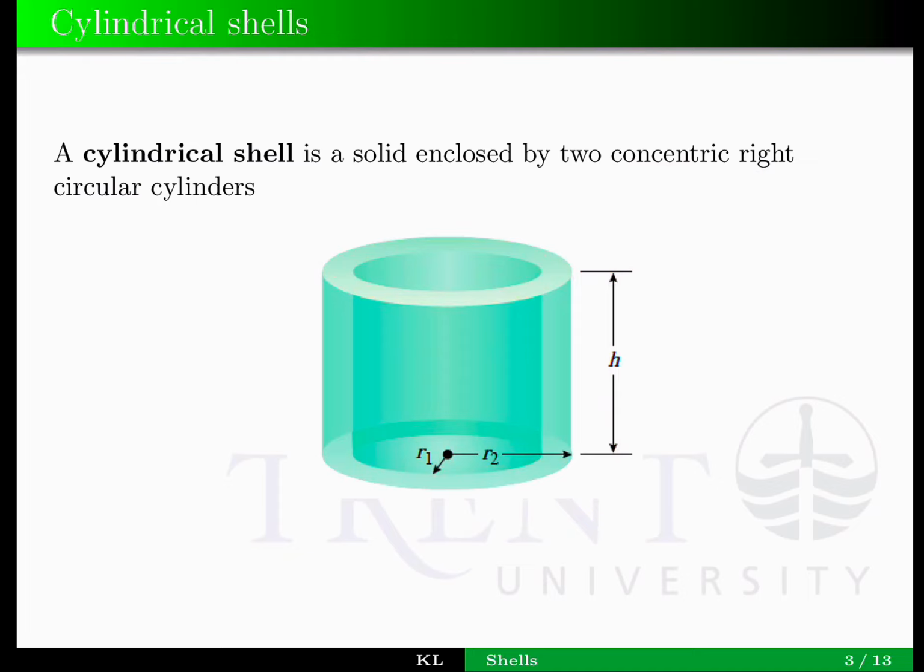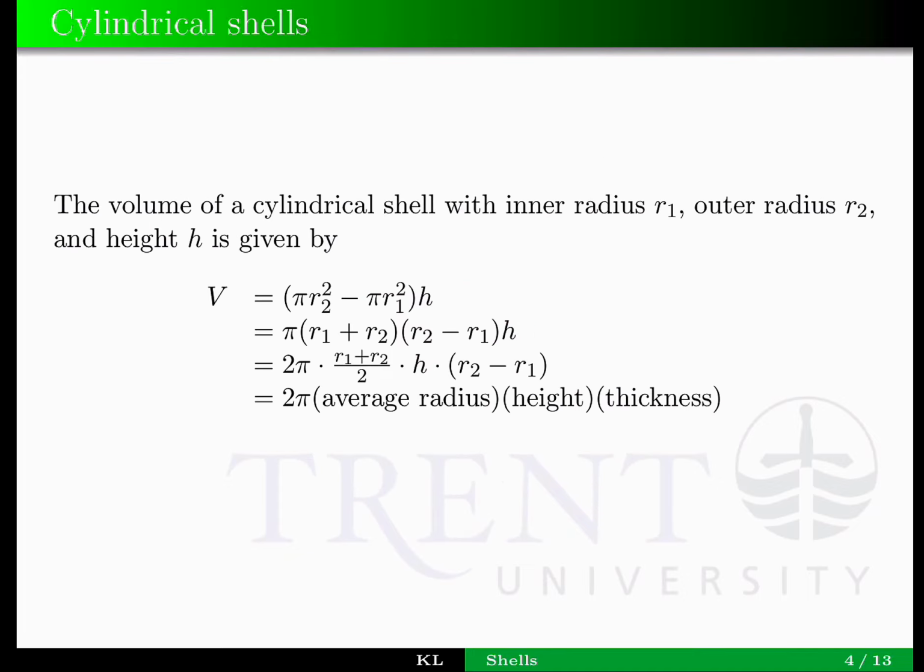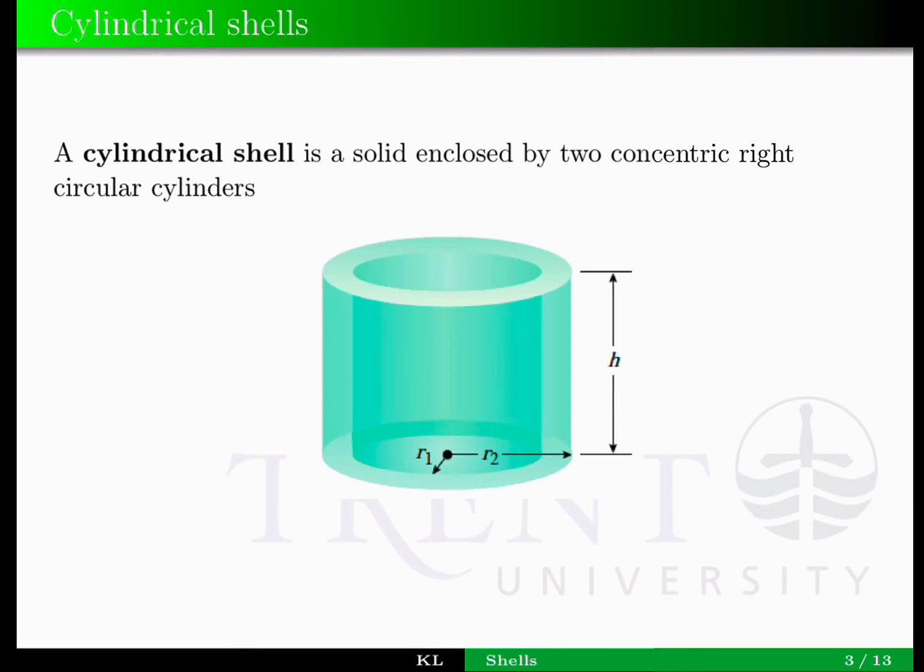Anyway, in order to find the volume of this cylindrical shell, we just get the volume of the big cylinder and subtract the volume of the smaller cylinder. So in here, we have pi r2 squared h minus pi r1 squared h. The volume of the bigger cylinder is pi r2 squared h, and the volume of the smaller cylinder is pi r1 squared h.